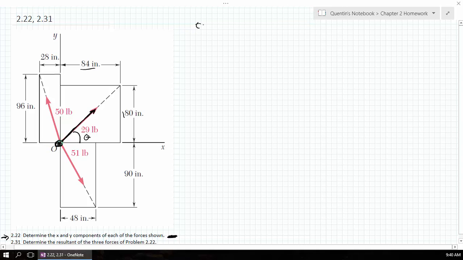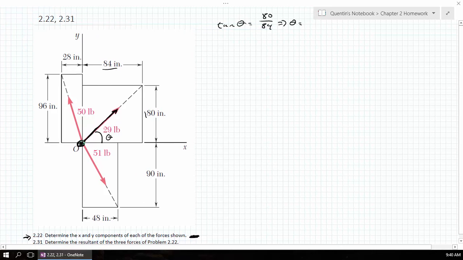You could say tangent of theta is opposite over adjacent, 80 over 84, and therefore theta is equal to the arctangent of 80 divided by 84, which is 43.6028, some number.